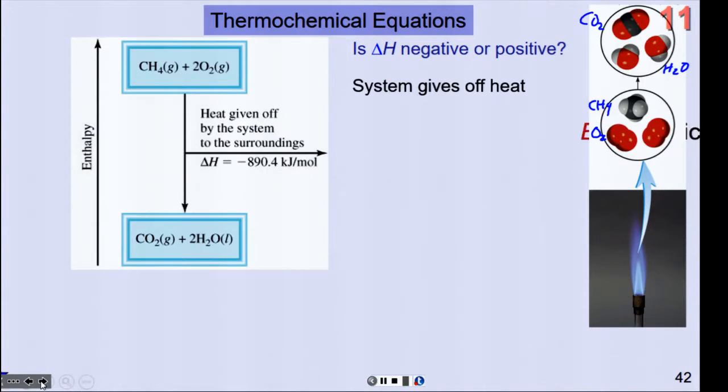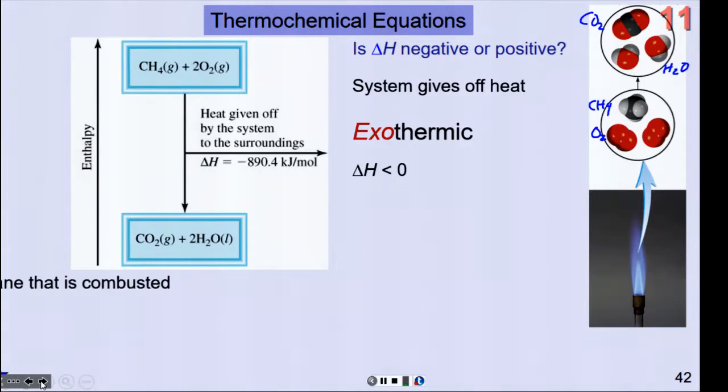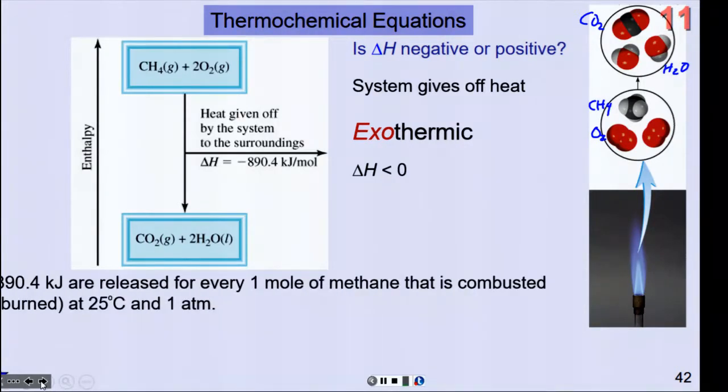And the giving off of heat means we call that an exothermic process. And whenever we have an exothermic process, delta H is always going to be less than 0. And for this particular example, it's giving us a value that 890.4 kilojoules are released for every mole of the methane combusted, aka burned, at this typical temperature of 25 degrees Celsius and 1 atmosphere.